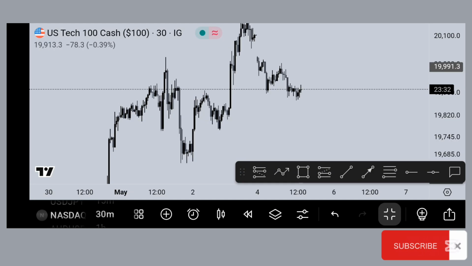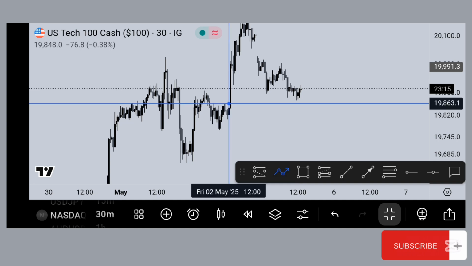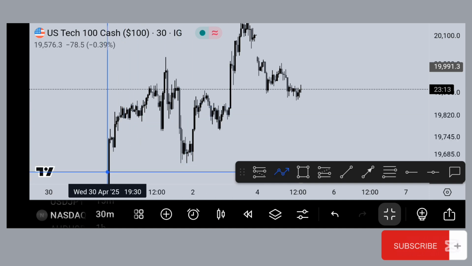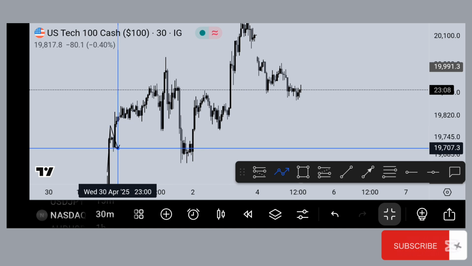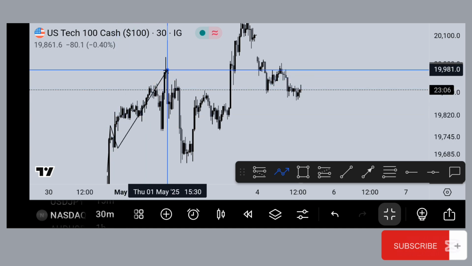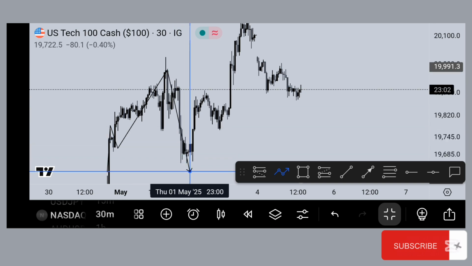Okay, for the first trade here is Nasdaq, also known as US 30. As you can see on the 30-minute time frame, this pair is bullish. If I want to start making my analysis, at this point the market came up, made a pullback, went up, broke structure, then came back and took out this low.